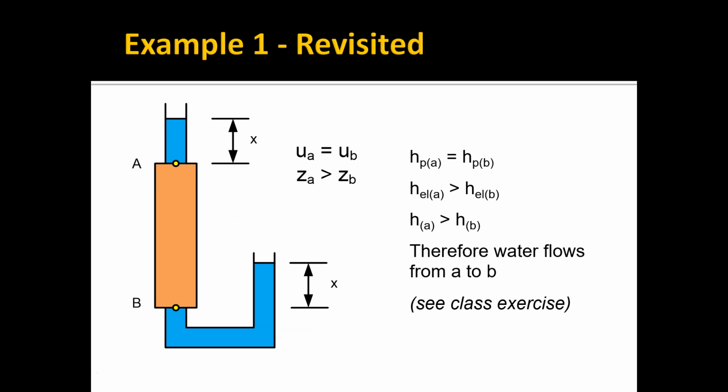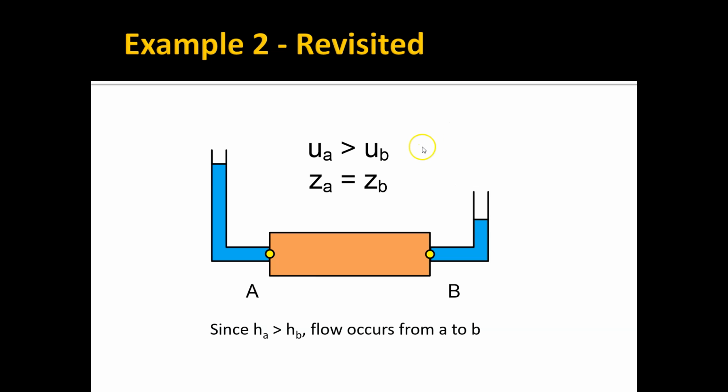Okay, now let's shift to our next example, example 2. And again, let's draw ourselves a datum down here. So let's start with point A over here. So I'm going to draw a line. Let's make that a little bit shorter.